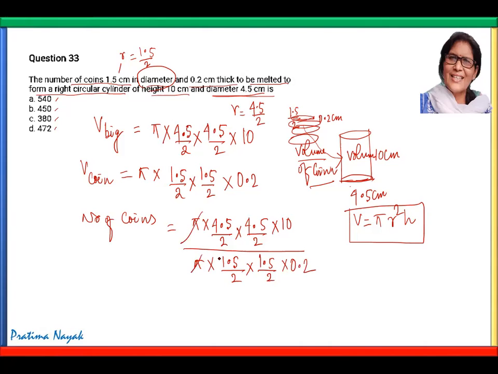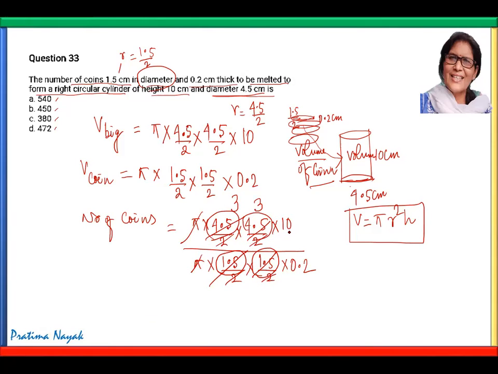First, pi cancels. I'll cancel this 2 in the denominator with the 2 in the denominator. Next, 1.5 and 4.5: if you cancel, it gives you 3. 1.5 multiplied 3 times gives 4.5.